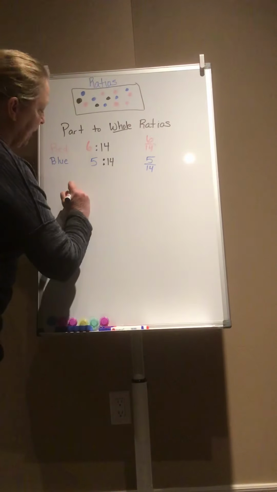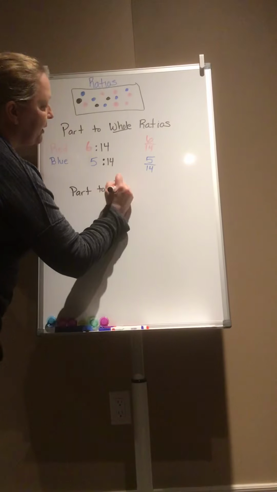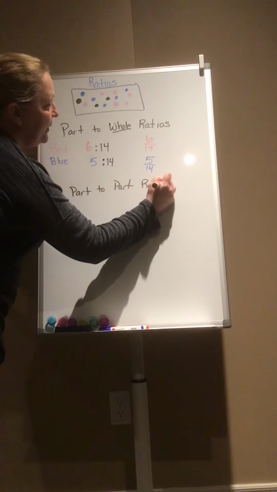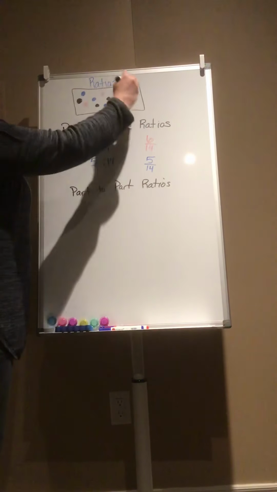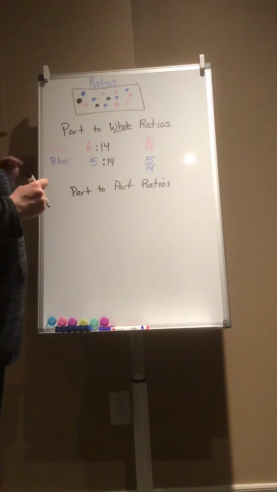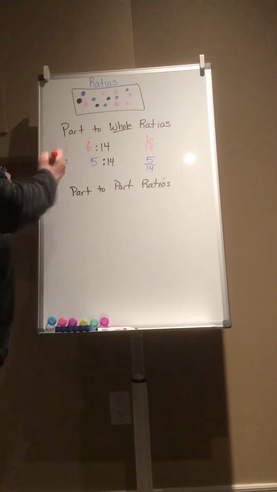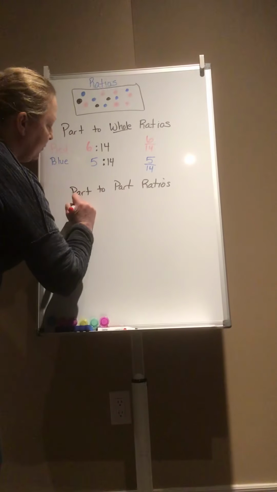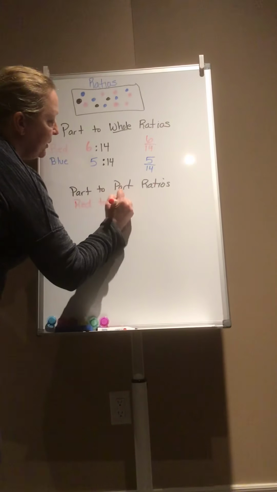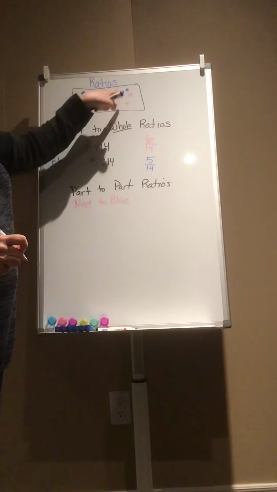So now we go to part to part ratios. And this time, instead of considering the whole thing, we're considering each individual piece. So for example, if I wanted to do the part to part of red to blue, I would count red, 1, 2, 3, 4, 5, 6.